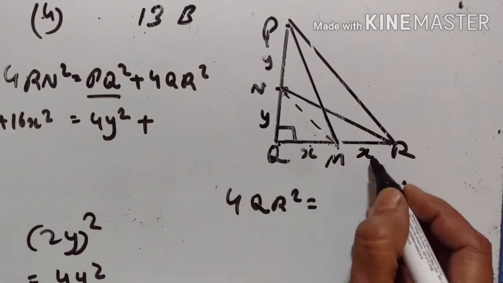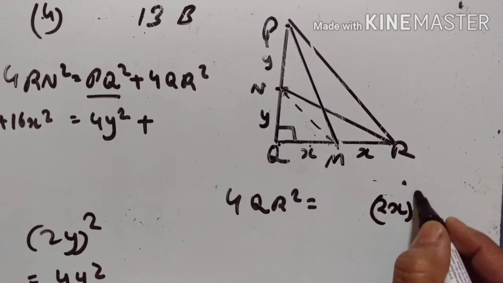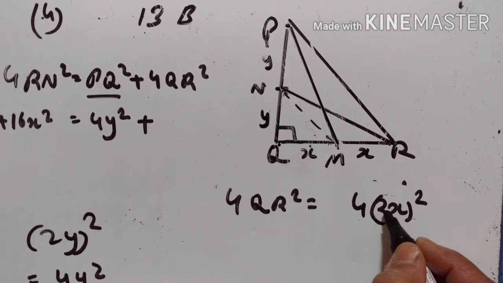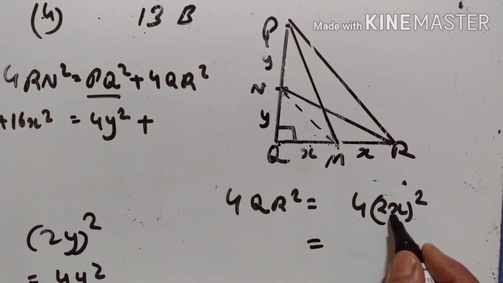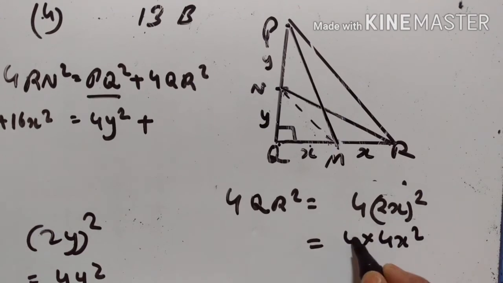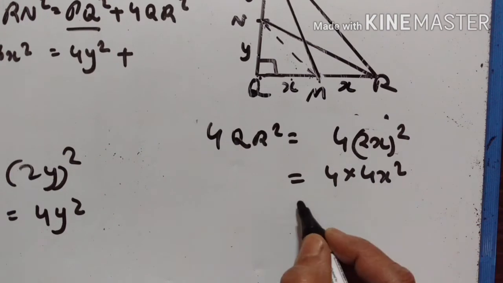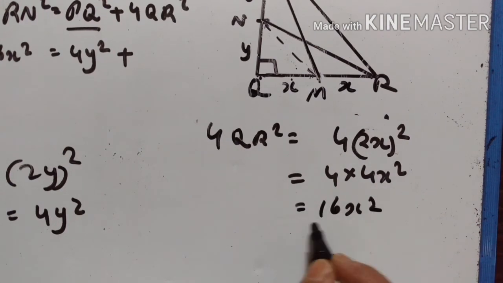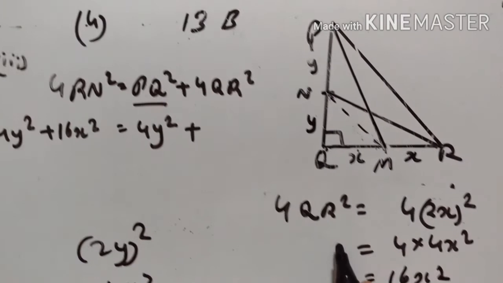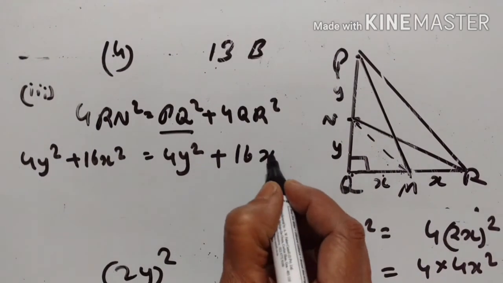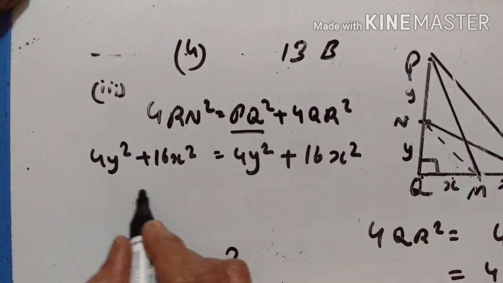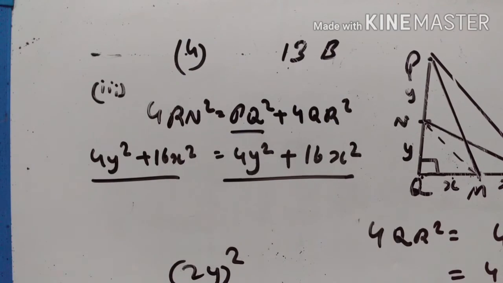QR is equal to 2x. 4QR square is 4 into 2x square, which is 4x square into 4, equal to 16x square. So 4QR square is equal to 16x square. So LHS is equal to RHS.